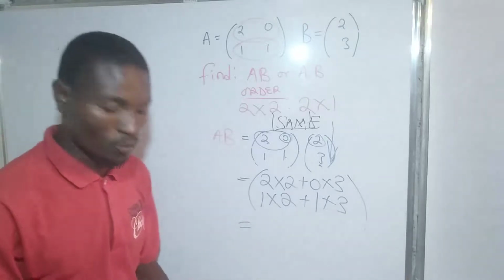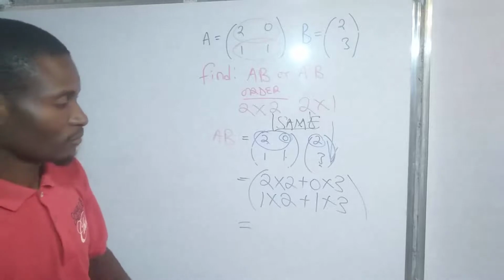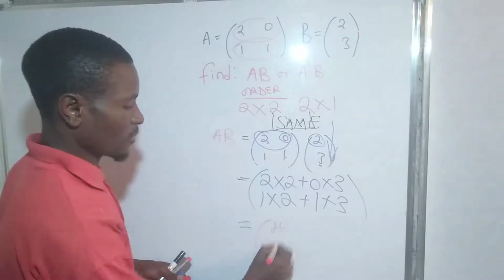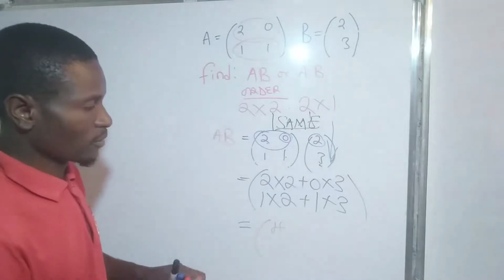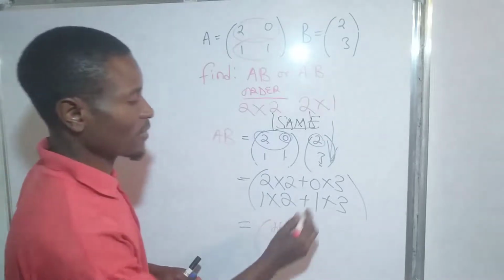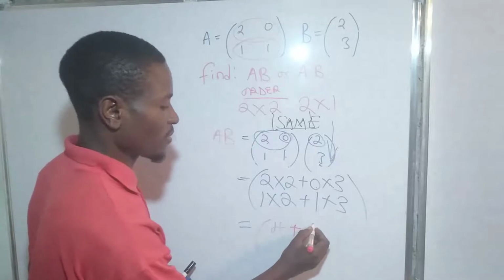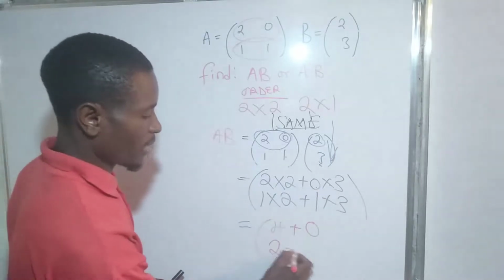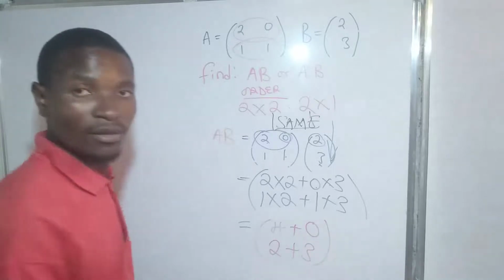So this is going to be 2 times 2, this is 4, plus 0 times 3, this is 0. And then 1 times 2 is 2, plus 3.